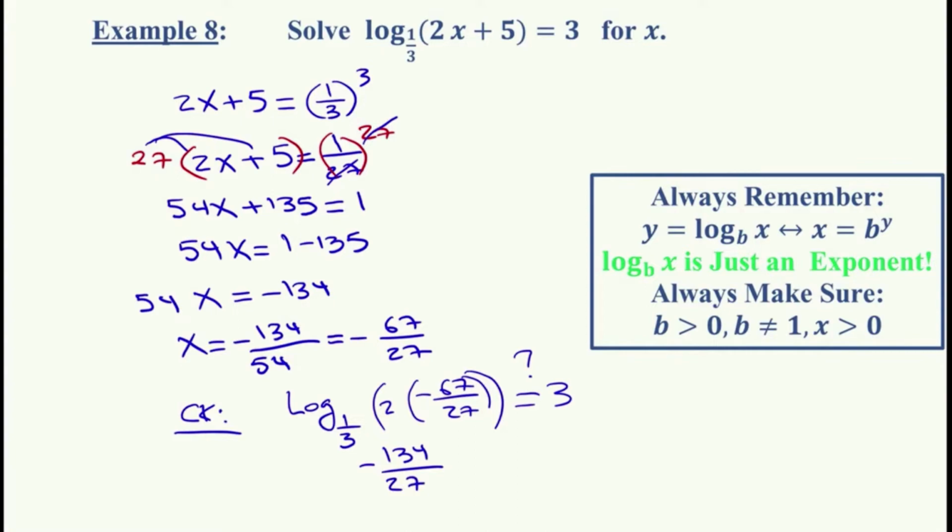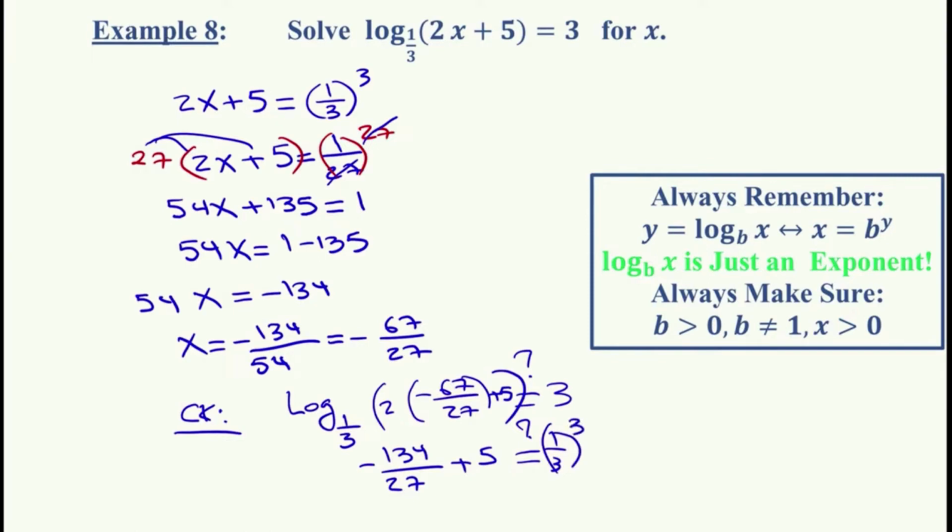Oops, we forgot a plus 5 here. Let's not forget anything. No child left behind. So we have 2x plus 5, if you recall. Okay, that's better. So plus 5, we want to know if that's equal to 1/3 to the power of 3.